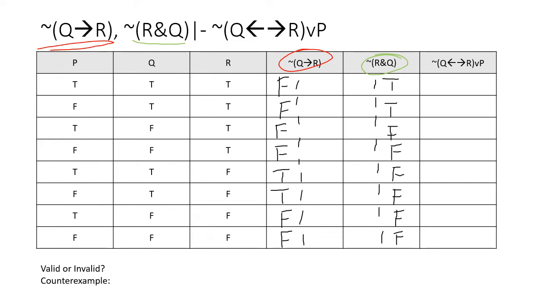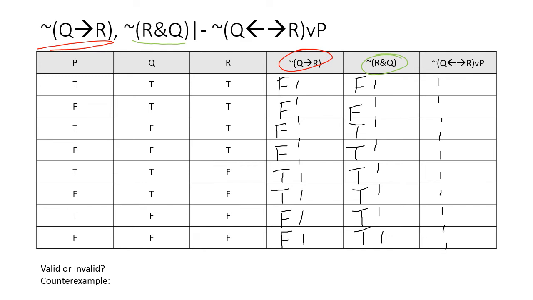And then you just have to flip these values over. And we can erase those. And that gives us the values for that sentence there.